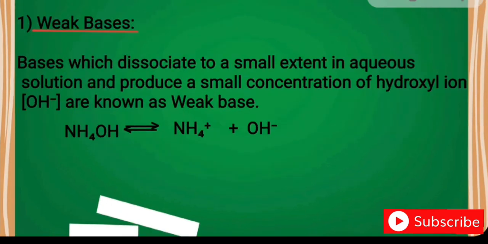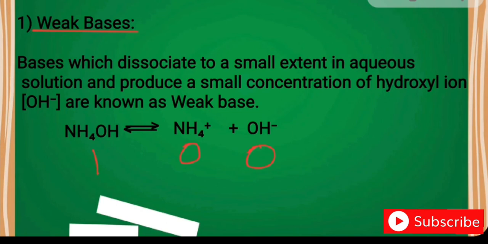What is the weak base? Bases which dissociate to a small extent in an aqueous solution and produce a small amount of hydroxyl ion are known as weak bases. For example, ammonium hydroxide. If you take one molecule of ammonium hydroxide, initially you will get 0 and 0, meaning there is no ammonium ion and no hydroxyl ion.